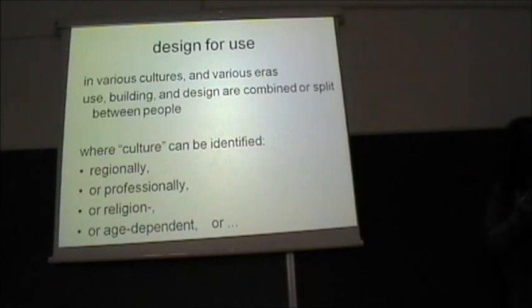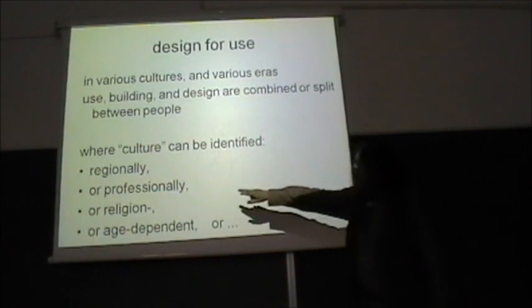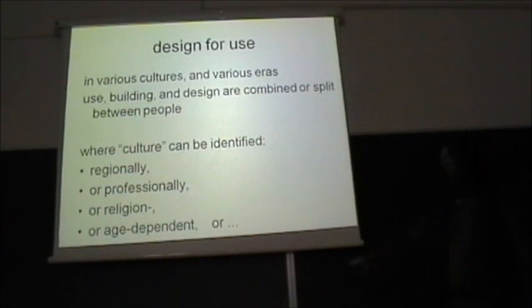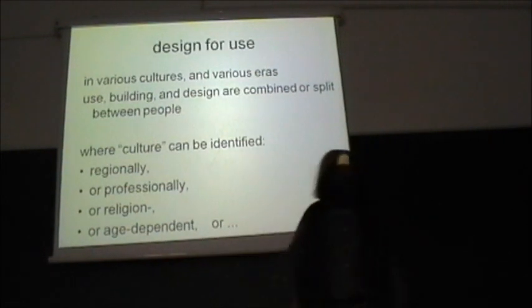There's a different culture between architects and psychologists or computer scientists. I was in the faculty of psychology long ago and then I moved to computer science. It's a different world. People have different values, people have different opinions. There might be religious cultural differences, there might be age-dependent cultural differences.